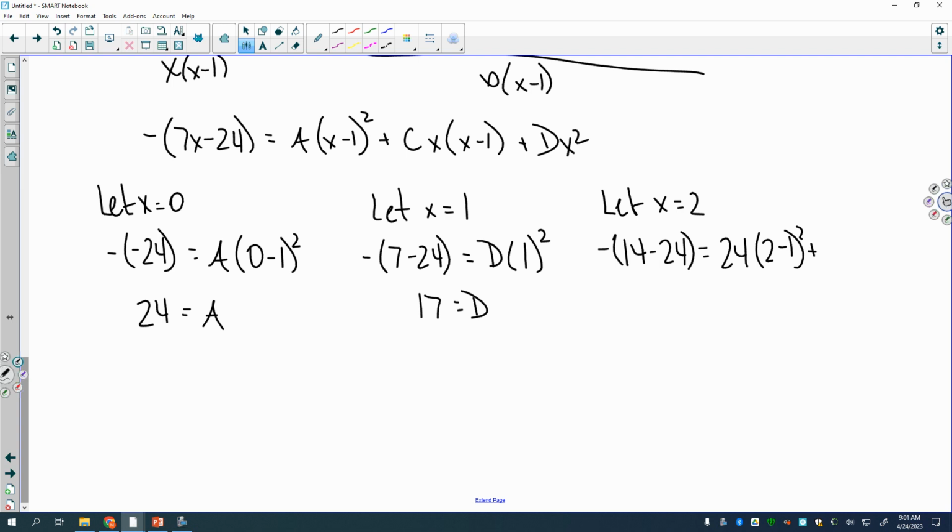The c I don't know yet, but I do know that d is 17. So I plug into x, I plug in the a and the d, and then I go through and do a little bit of solving out here. None of it is, again, too terribly bad, but there is a little bit of just arithmetic involved in that.